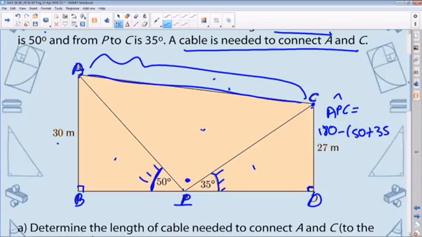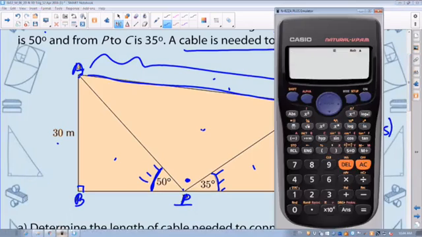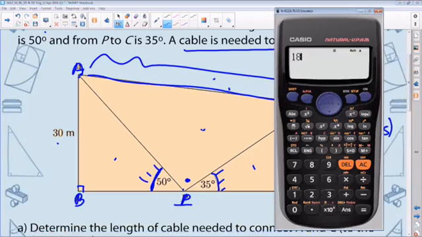And your reason there is obviously angles on a straight line. So 180, you can call up your calculator, 180 minus (50 plus 35). And you see here my calculator, FX82ZA, that's the one we're using. So the calculator steps I'm showing you will all be based on this calculator. So you'll need to learn if they're different.